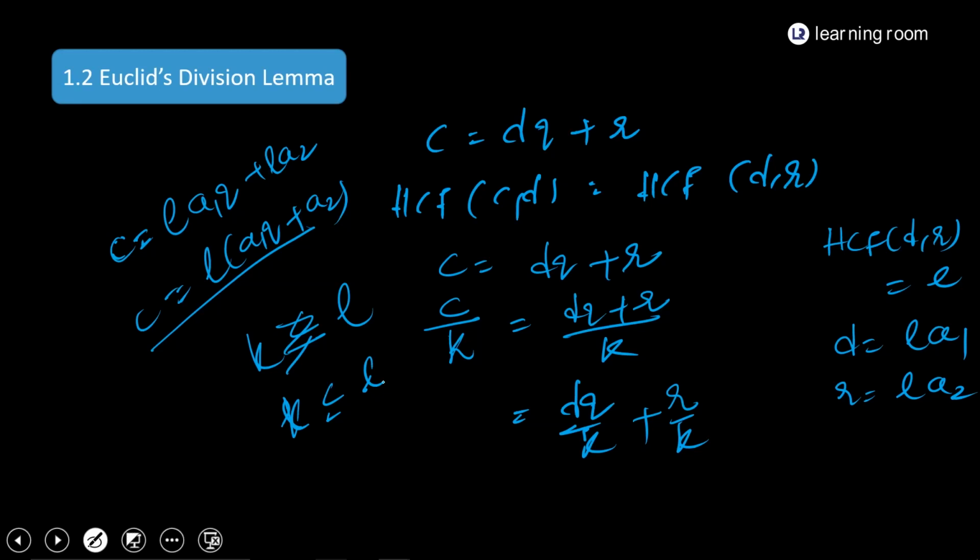So now, how are we calculating HCF? Let's say C is equal to dq plus R. We want to find out the HCF of C comma D. Now in the next step, what we are doing is taking D on the left side and R as the divider, and finding the quotient and remainder.